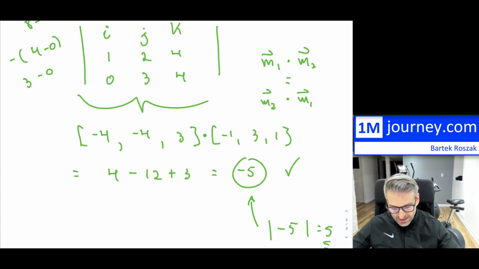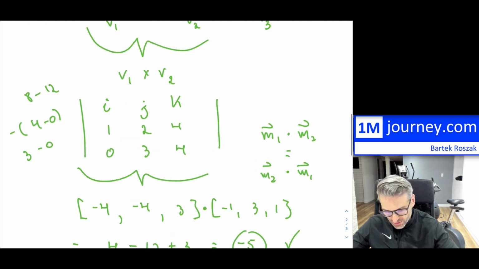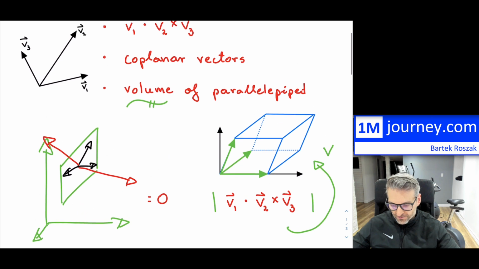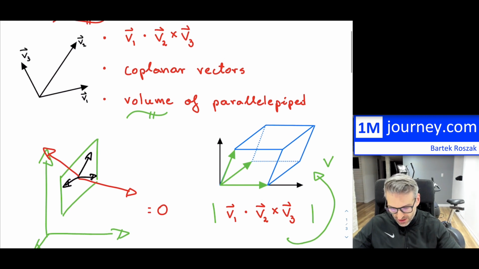That's pretty interesting, and you do sometimes use it, for instance, when you're intersecting planes. You want to see if the normals, for example, are coplanar, because that's going to give you a hint with regards to how those planes are intersecting. But that's something for another video.